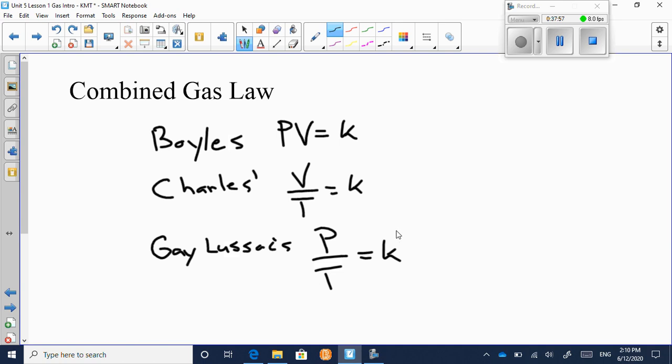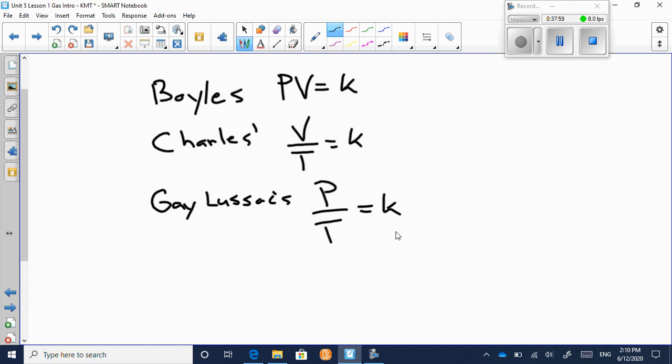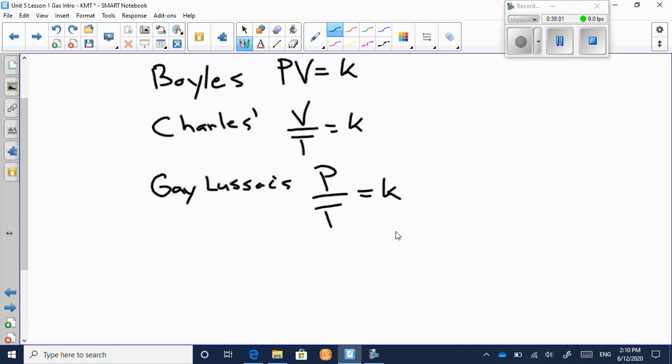Well, you can actually put these 3 laws together and say that as long as the number of moles is constant, the pressure times the volume divided by the temperature is going to be a constant value.